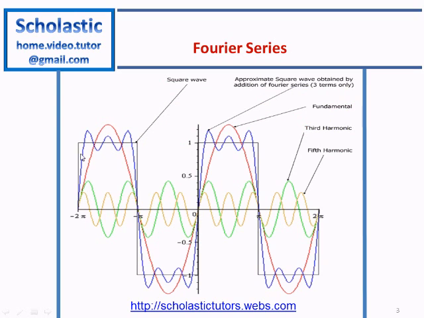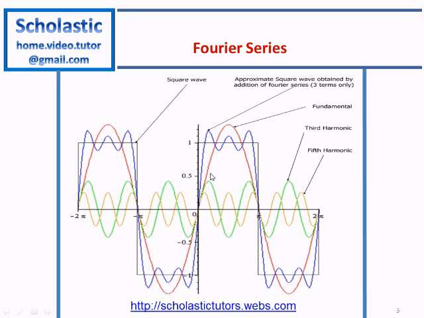Fundamentally, you have this signal given here, which is a square waveform in this black color, and we can find the fundamental frequency of this signal, which is in red color here, and then we can find the third harmonic.